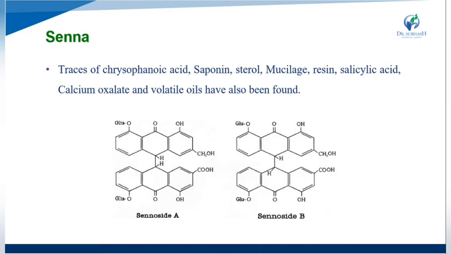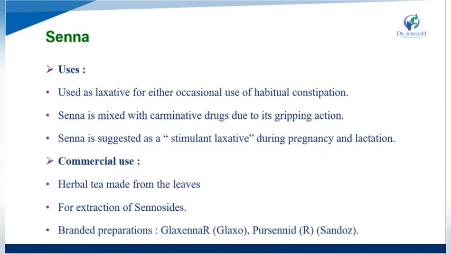Okay, so now we see the uses and commercial uses of senna. The first use is as a laxative. Senna is used as a laxative, either for occasional use or for habitual constipation.